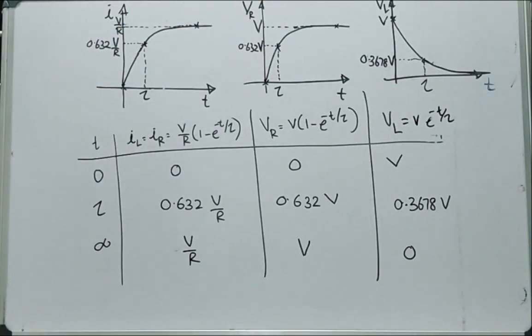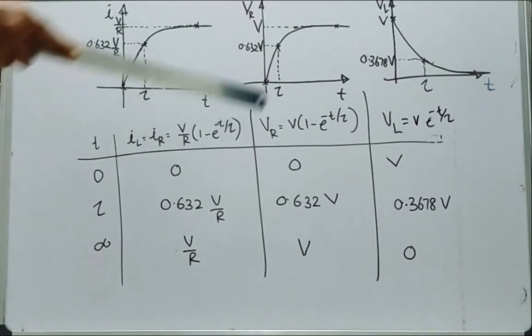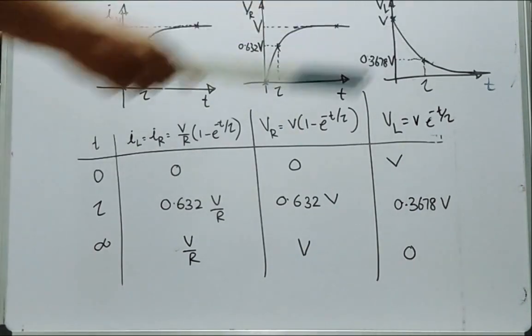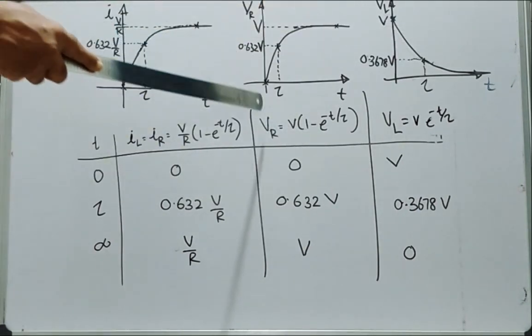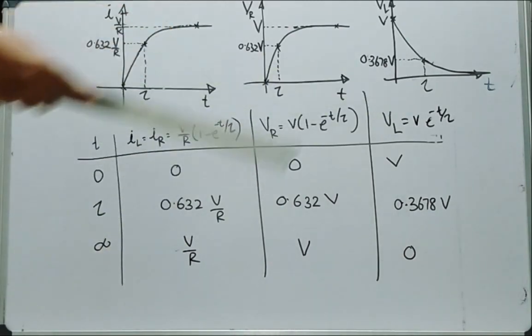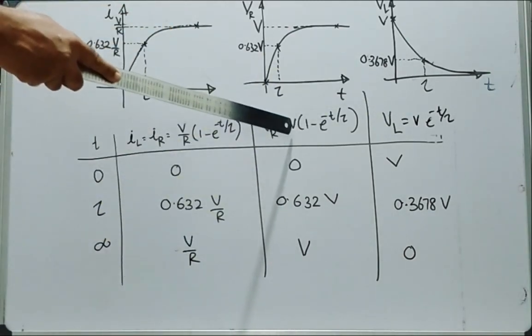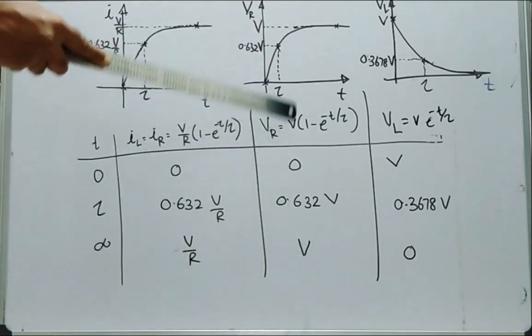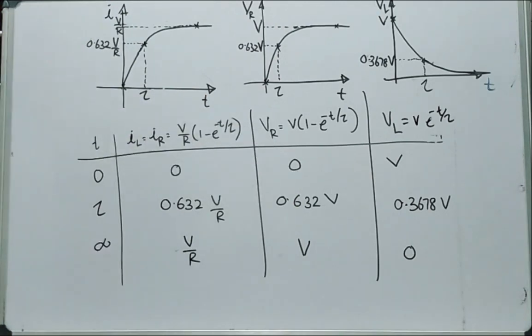So voltage transient across R is exponentially rising and voltage transient across inductor is exponentially decaying. When we are summing these two values, that is VR plus VL, we can obtain V, that is the applied voltage, in the case of RL series circuit.